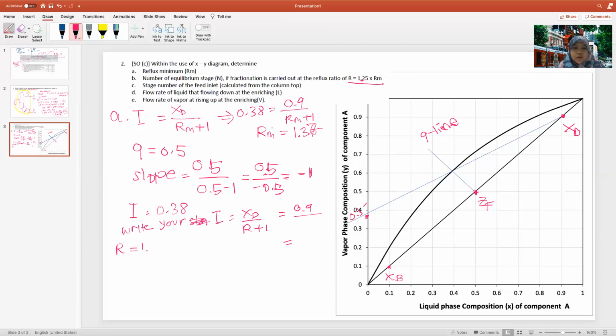So 1.25 multiplied by 1.37 would be equal to 1.71, and then you just have your new 2.71, which would be about 0.33.